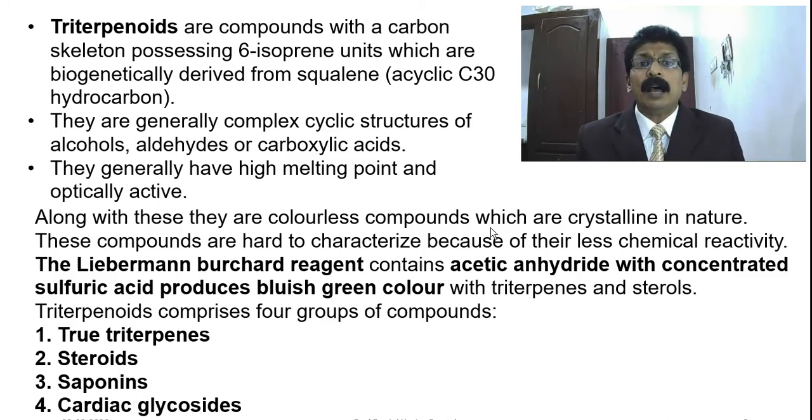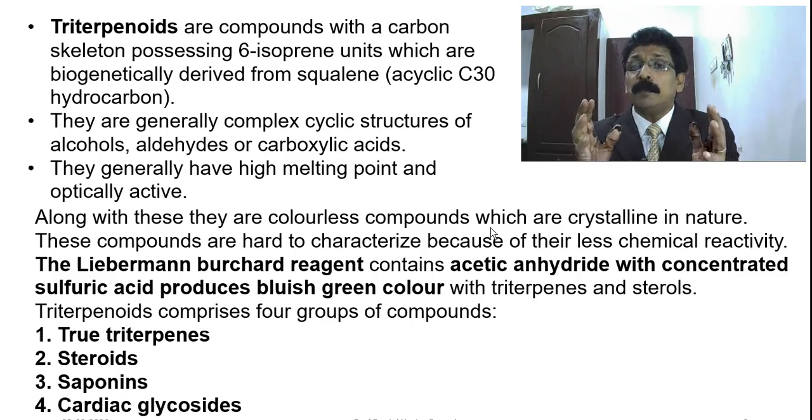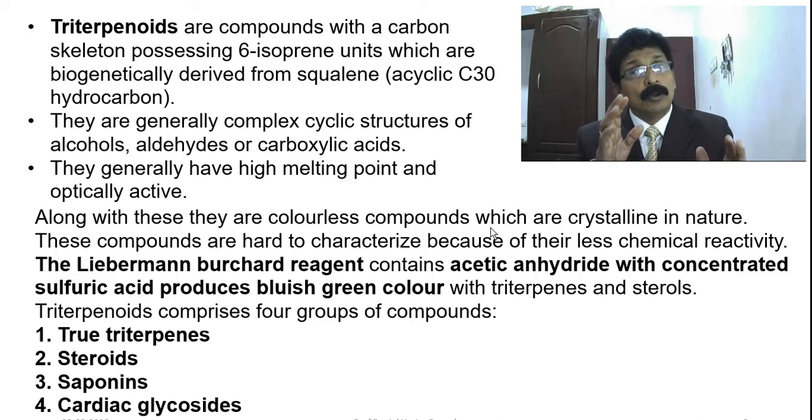They generally have high melting point and are optically active. So they have chiral carbon atoms, they have their own rotation, the molecules, when plane polarized light falls on them, so they have optical rotation.